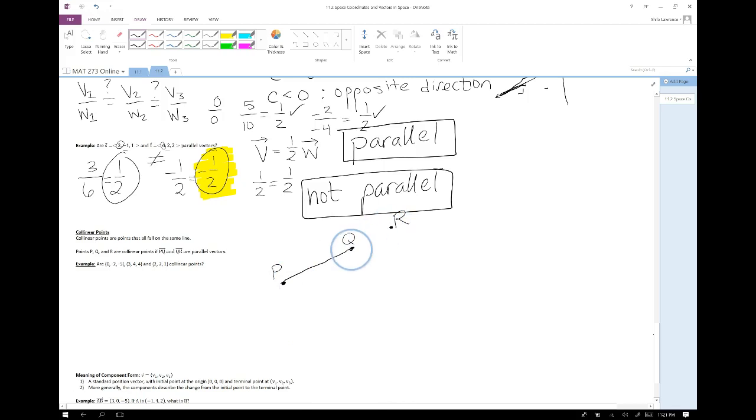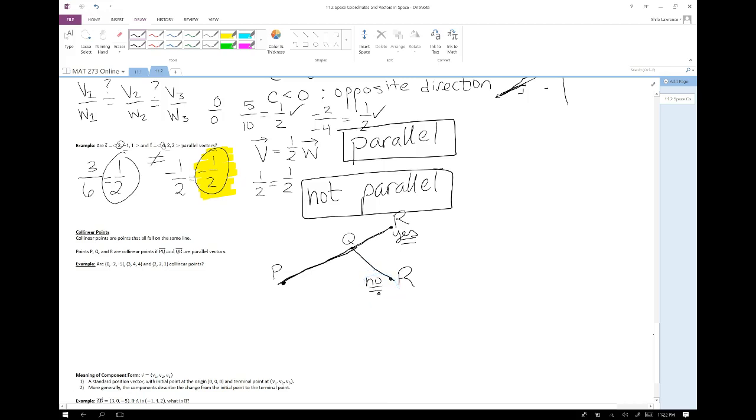So if R is here, how I've just drawn, then we could just visually see, yes, they all fall in the same line. But if R was over here, here's my PQ, and I have to change direction to go to R, so that would be a no. So if R was up here, it would be a yes. If R was down here, it would be a no.